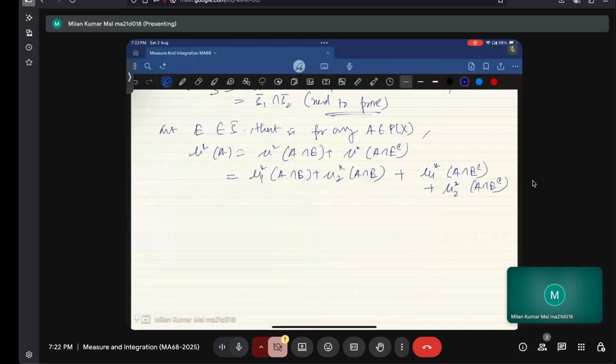Now if I take the mu1 star terms, we get mu1 star of A, and if I take the mu2 star terms, we get mu2 star of A.